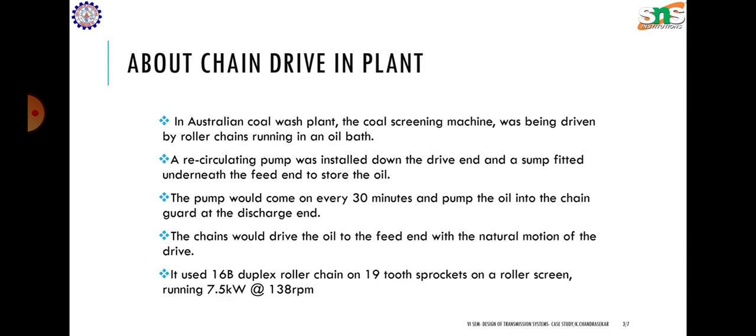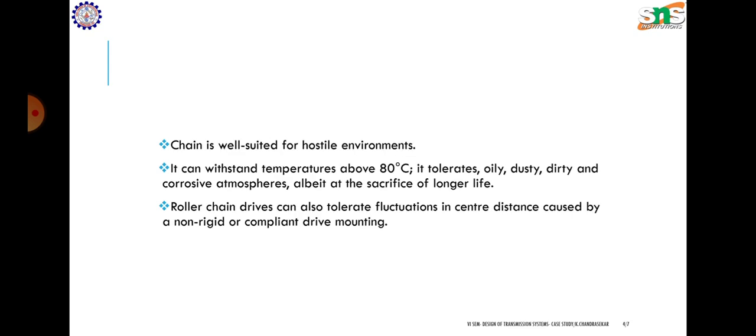That 7.5 kilowatt is the power transmitting capacity, and it is running at 138 rpm. By using this roller chain, it is well suited for all hostile environments. It can also withstand temperatures above 80 degrees Celsius.